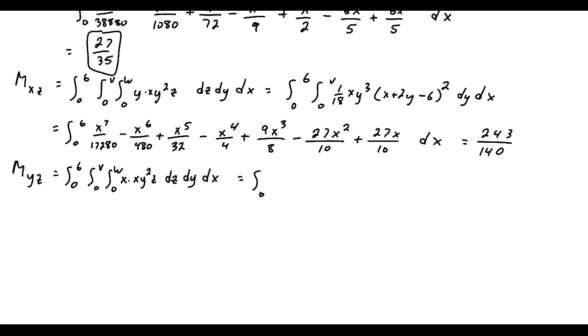Evaluating the inner integral, this becomes the integral from 0 to 6 with respect to x of the integral from 0 to v with respect to y of the function 1 over 18 x squared y squared (x + 2y - 6) squared.